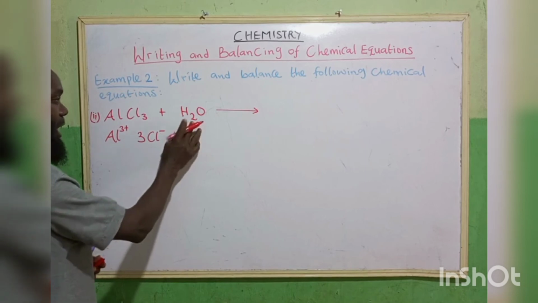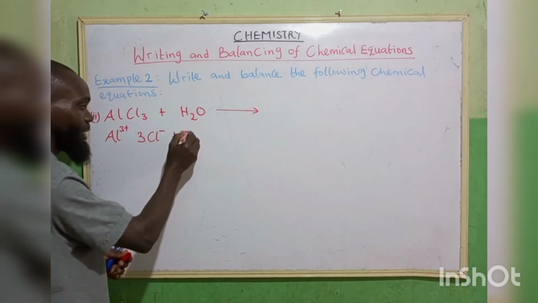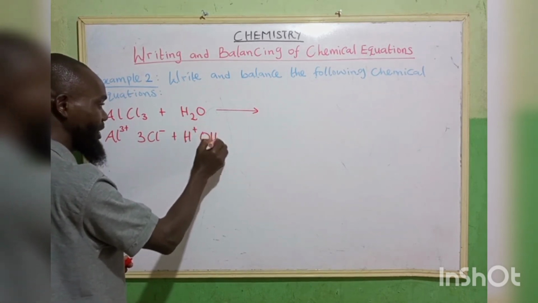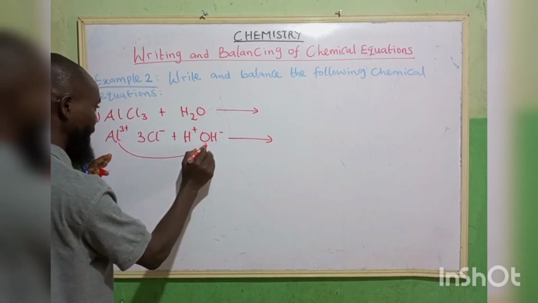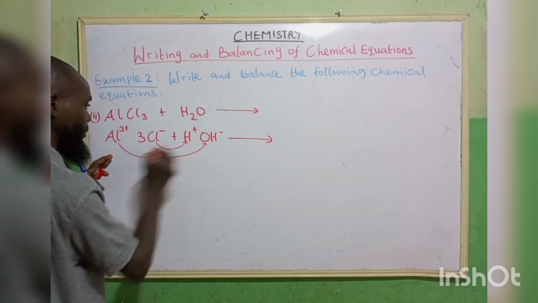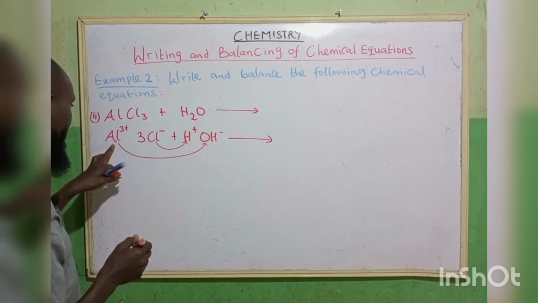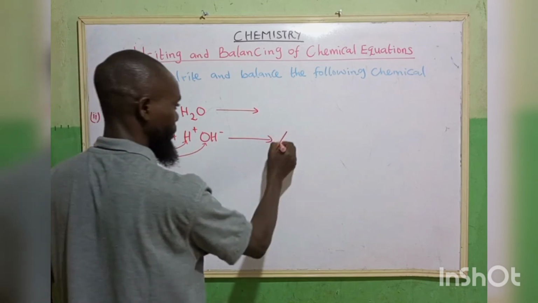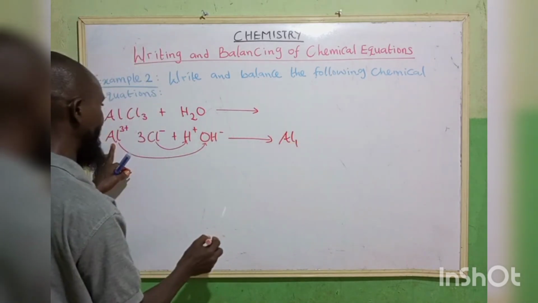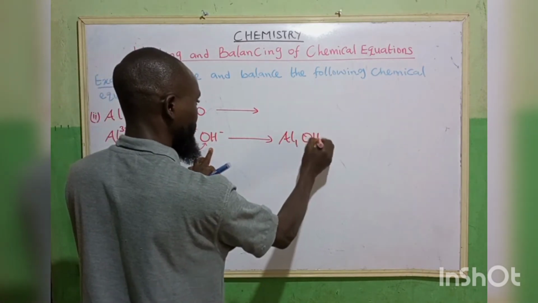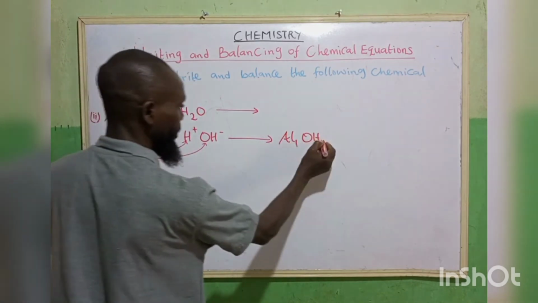Then plus, water will be split into H plus and then OH minus. Now, the positive charge meets with the negative charge. So we are going to have Al first. This one will come here, 1. Then OH. Then this 3 is coming.